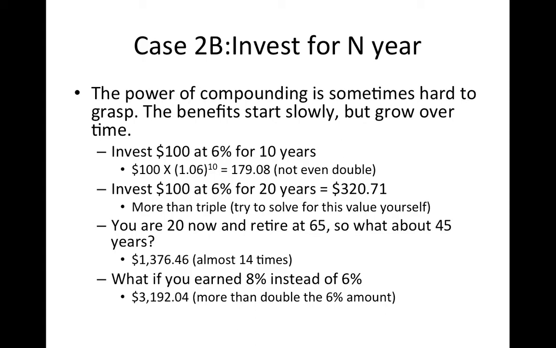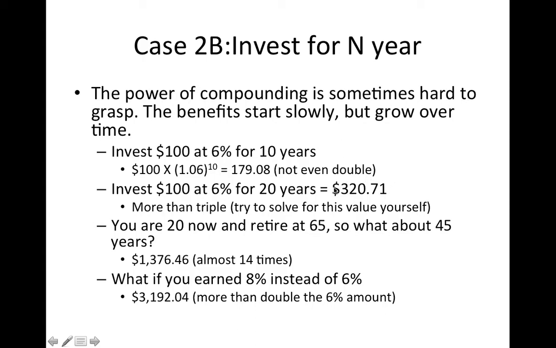Now, what happens if you go out to 20 years? So at 20 years, it's 6%. I'd get $6 a year, so I'd have $120. Add that to my $100, it'd be $220. So that would be if there were no compounding, I'd have $220.